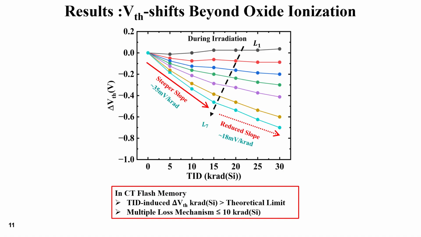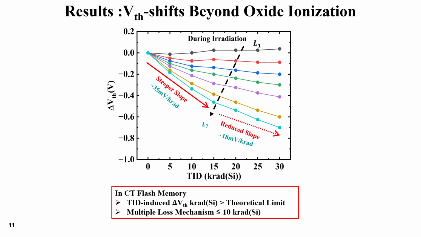So here is the median VT shifts of all programmed states from L1 to L7, and we observe two interesting things. The first one is the state dependency. There is a strong state dependency in the TID response of the VT levels from L1 to L7, and it is spread out up to the highest shift of 8.8 millivolt.